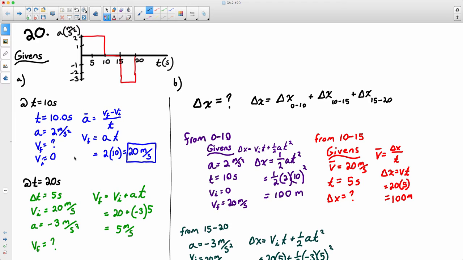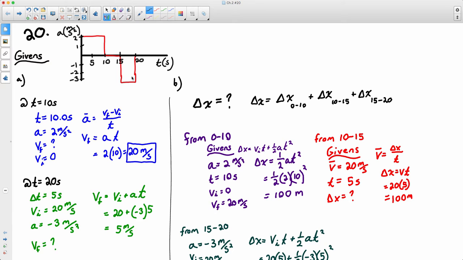If you take a look at the graph, from 0 to 10 seconds it's moving 20 meters a second, and this says it's not accelerating. Acceleration is 0, so it stays moving 20 meters a second. So in this case, my initial velocity is 20 meters a second.